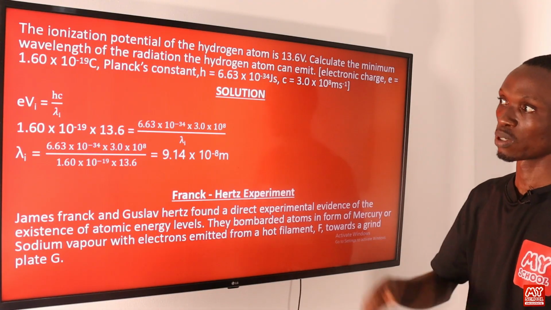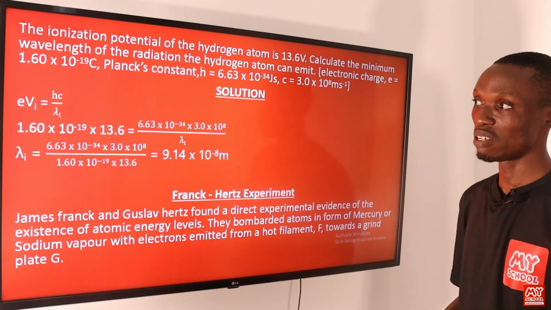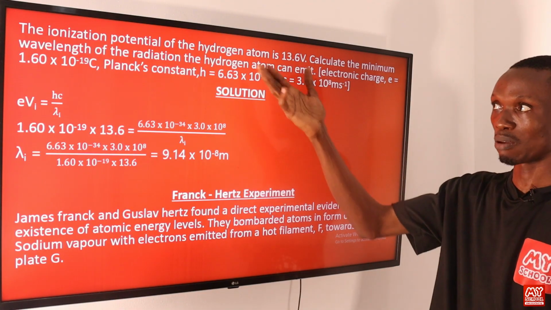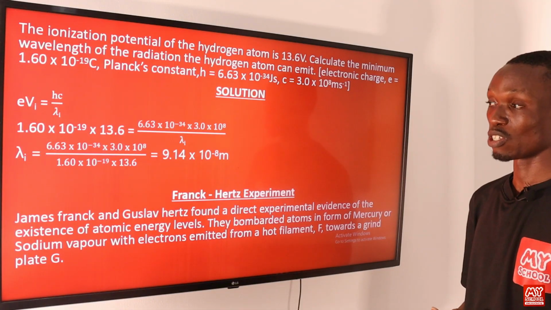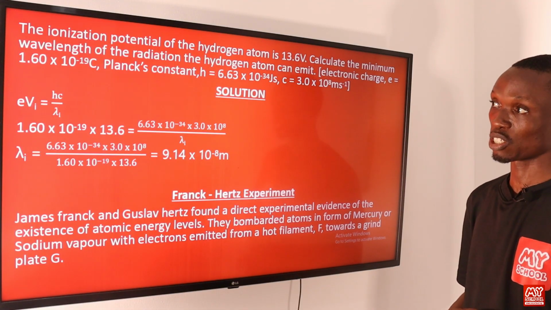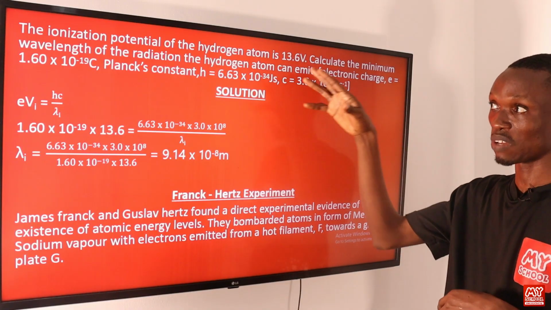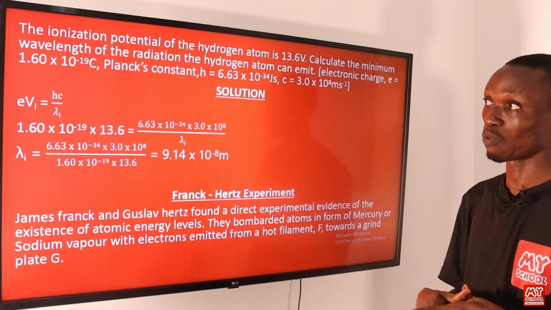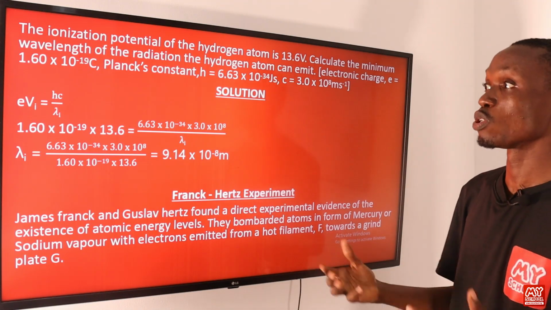Now the solution. To solve this, we use the formula eV_i is equal to hc all over lambda_i, basically because we are talking about ionization potential. Remember that the ionization potential at this point also corresponds to the ionization wavelength of the radiation. So here we just substitute.